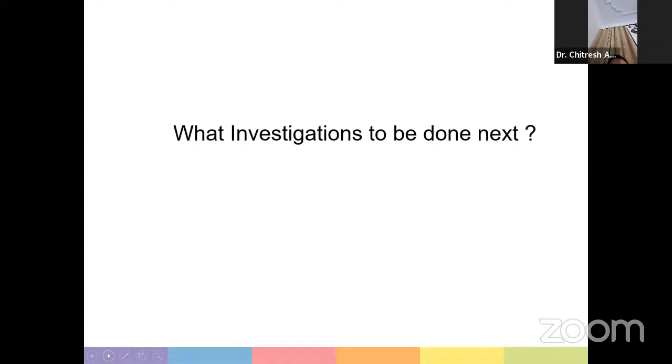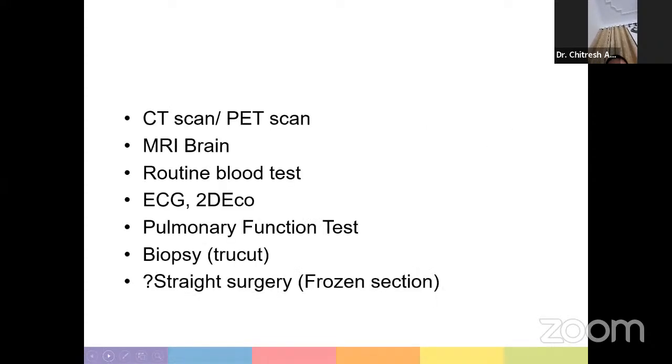Well, point taken. Next slide, please. So this is the gamut of investigations that are mentioned: CT scan, PET scan, MRI brain, routine blood tests, ECG, 2D echo, PFT, biopsy, and straight surgery or a frozen section.